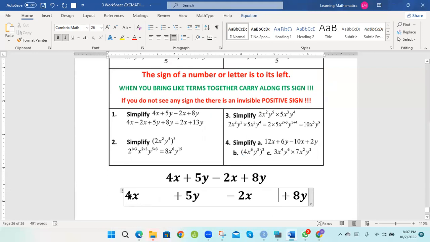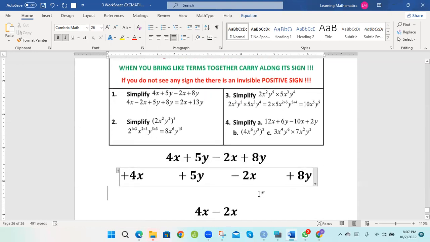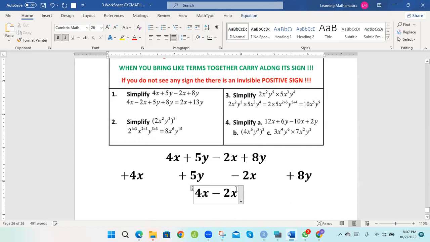This is a positive 4 because there's an invisible plus. Remember what it says? If we do not see any sign, there is an invisible positive sign. So that's a positive 4, a positive 5, a negative 2, and a positive 8. This is why, when we bring like terms together, this is a negative 2. We bring the sign with the negative 2. So 4 minus 2. And what do we have after?